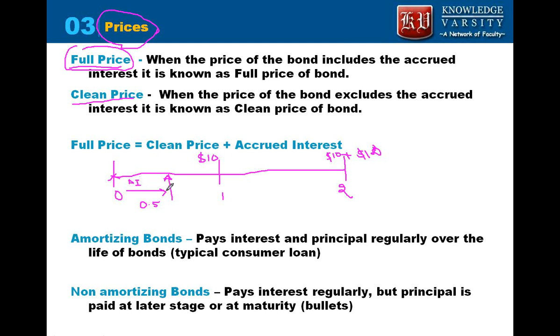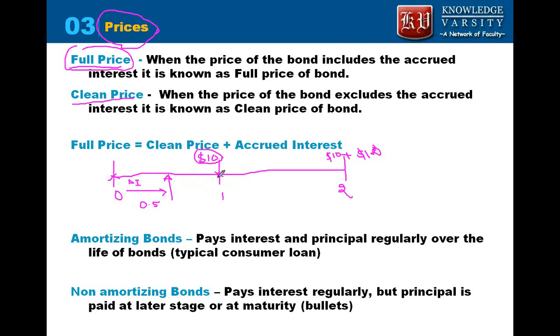A bond which is traded considering this accrued interest is called full price. If a bond is traded without considering this accrued interest, it is called clean price. I am saying traded, that is the price that you will see on the exchange or in the quotes. Definitely the person who is buying the bond will have to pay accrued interest to the seller, because the buyer will get the bond on this day.